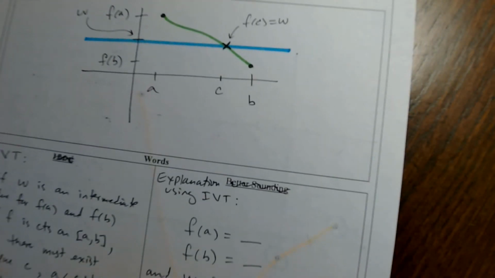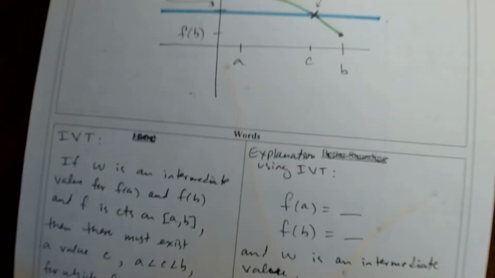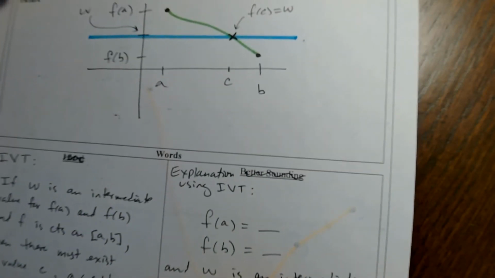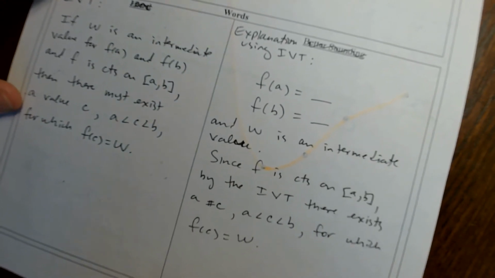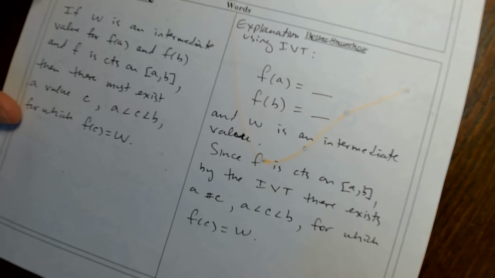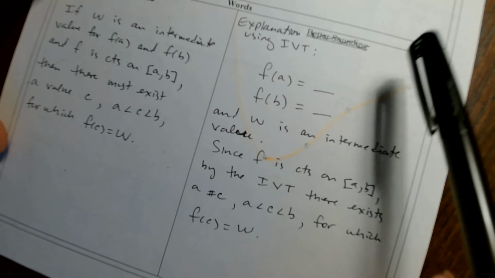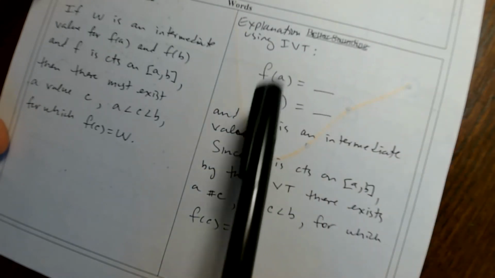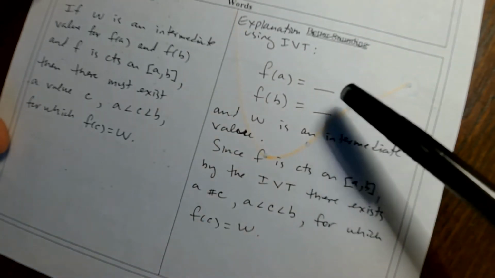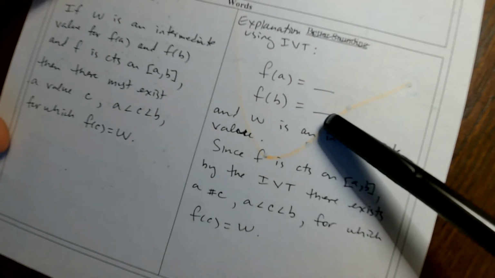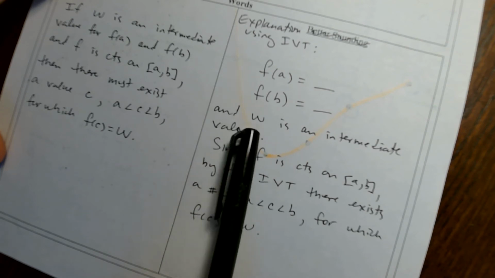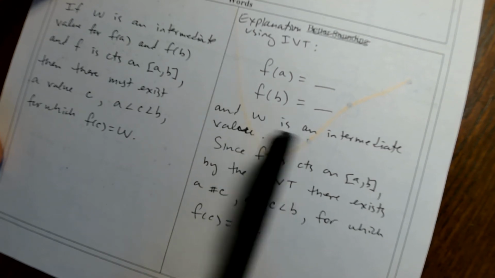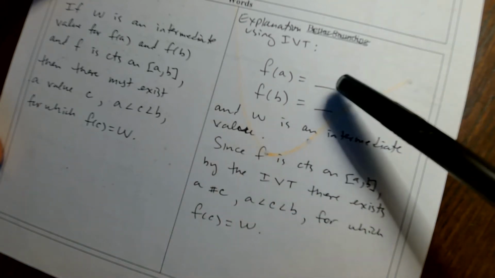Now, if we're going to explain using the intermediate value theorem why a function takes on a certain value on a certain interval, then we could use this outline all the time. We already used this outline previously. So basically you state f of A equals blank, f of B equals blank. So you state the outputs at the endpoints of the interval. You state that whatever value you're trying to prove that f takes on, it's an intermediate value.